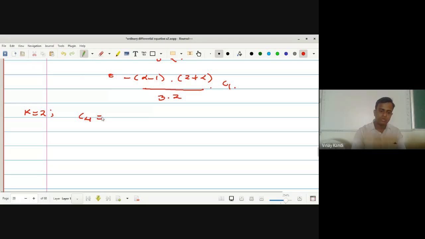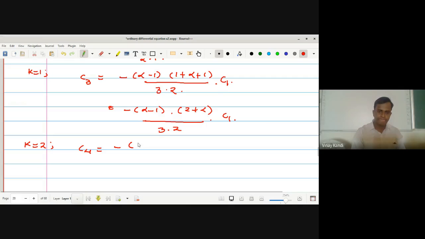C4 is equal to minus alpha minus 2 into, instead of 2 plus alpha, what comes now, 3 plus alpha, directly, divided by 4 into 3, into C2.